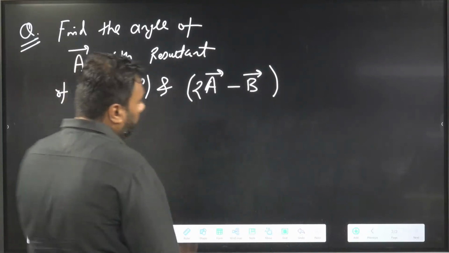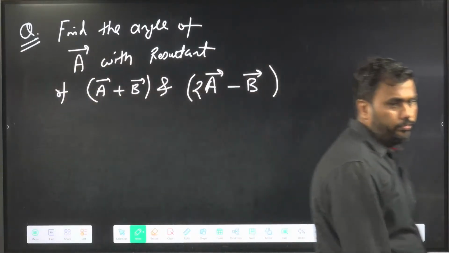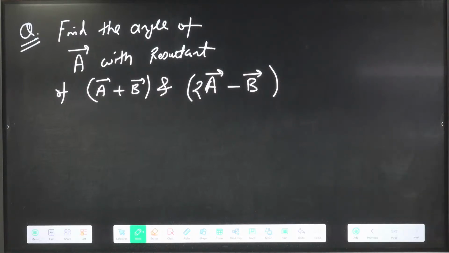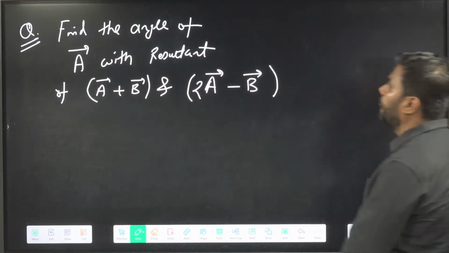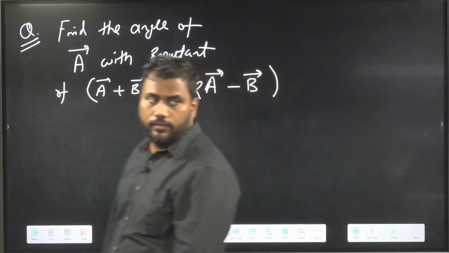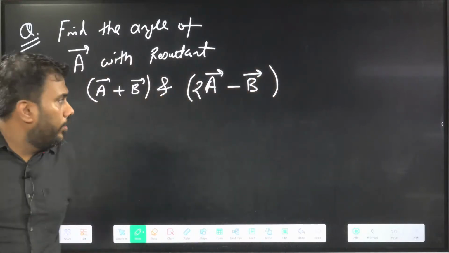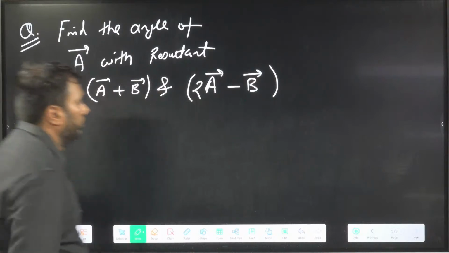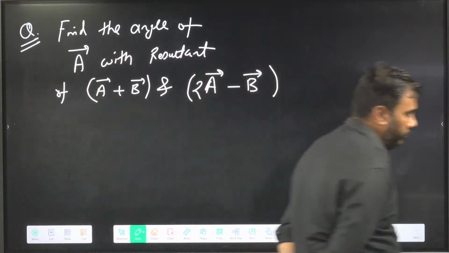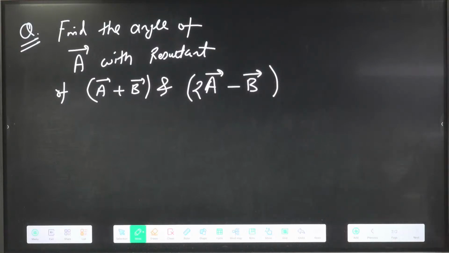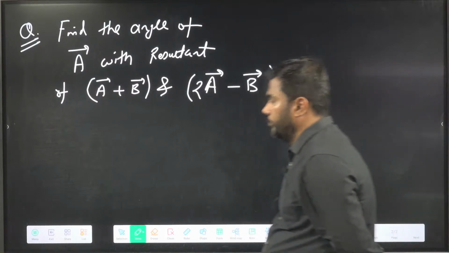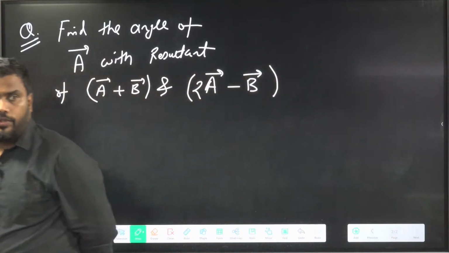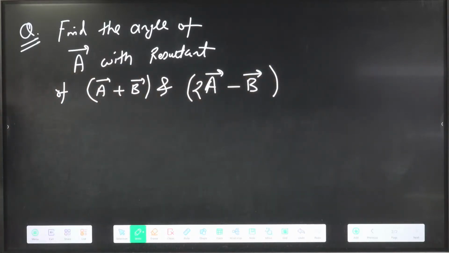The same kind of question is in your gym book. Find the angle of a vector with the resultant of a plus b and 2a minus b. Attempt this question.